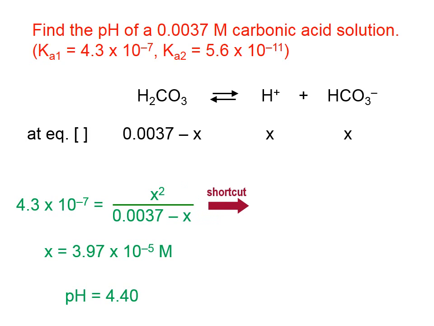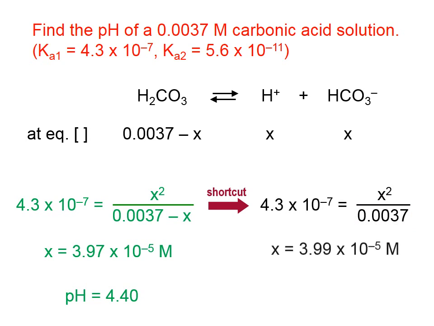If instead we use the shortcut, which we talked about in an earlier lesson, which says that x is very small, so in the denominator 0.0037 minus something very, very small is essentially 0.0037. That's a lot easier to solve than using the quadratic formula, and if you do solve that, you'll get this value, 3.99 times 10 to the negative fifth, which you can see is very, very close to the value you would get from the quadratic formula.